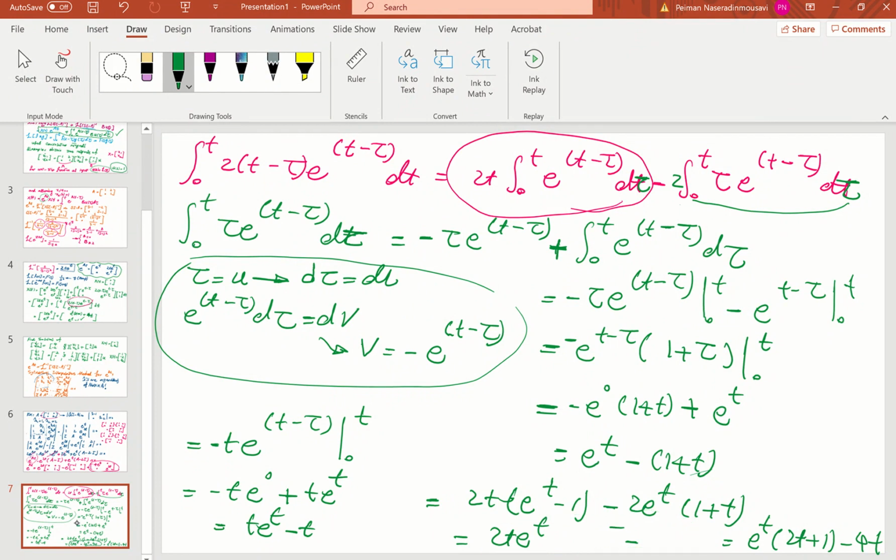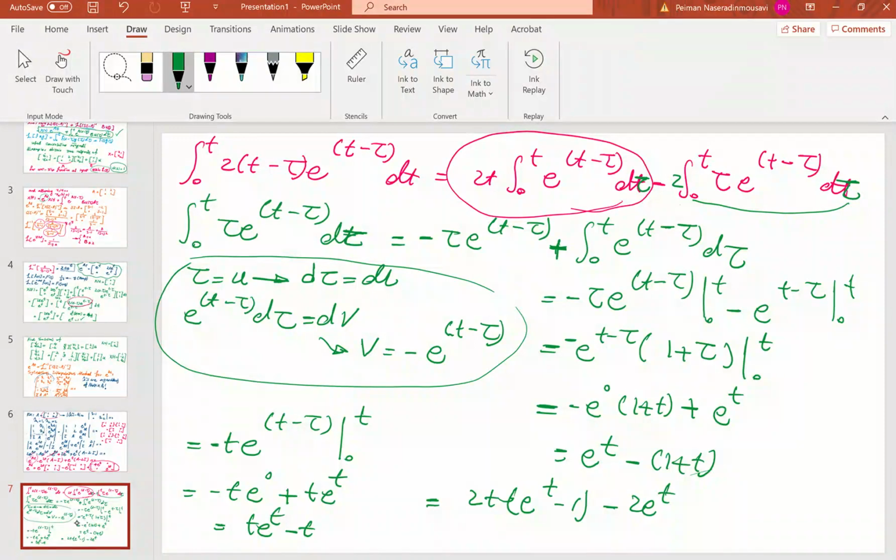Yep, guys, see? Always double checking, guys, always. So I doubled by this. Now minus 2 e^t minus 2 (1 plus t). I see that. So it's going to be 2 e^t, right?